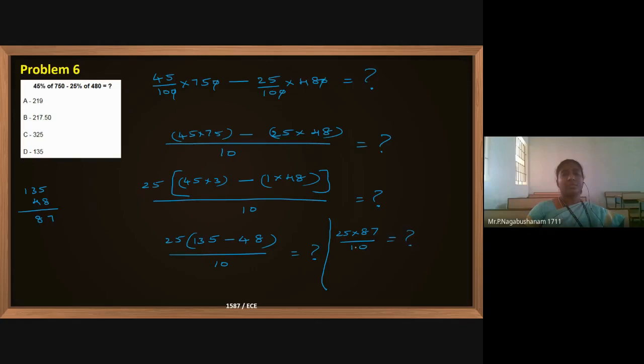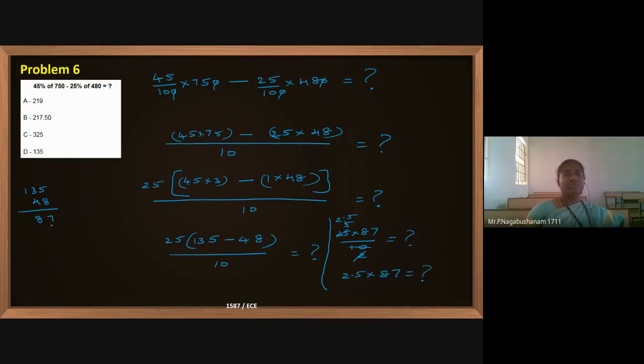So 5 2s are 10, 5 5s are 25, and here you can simplify, you can just cancel it. So I am cancelling with 5, it is 2.5. So 2.5 into 87 is this question mark value.